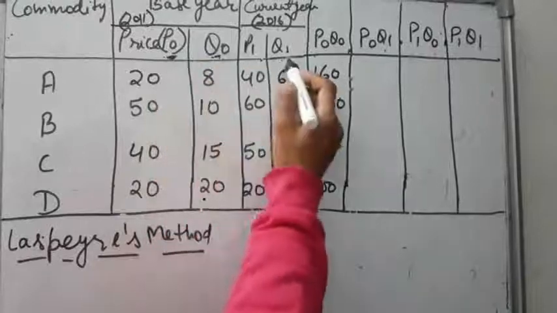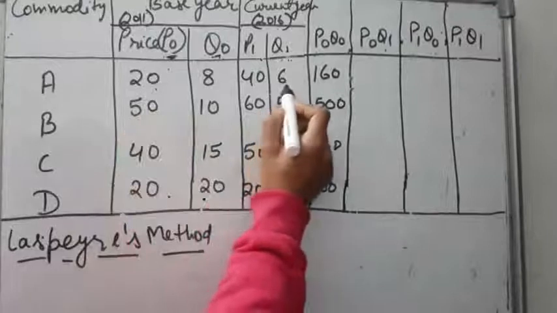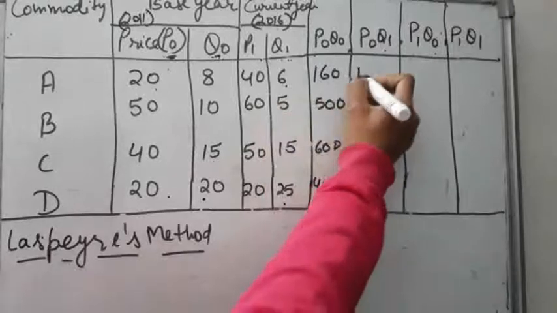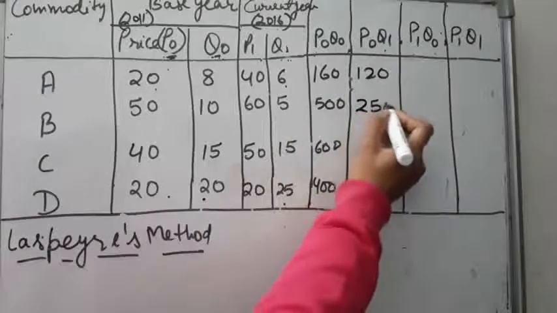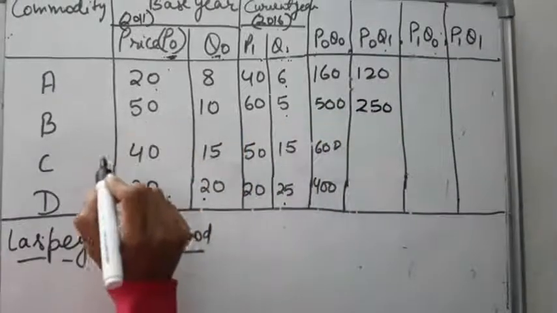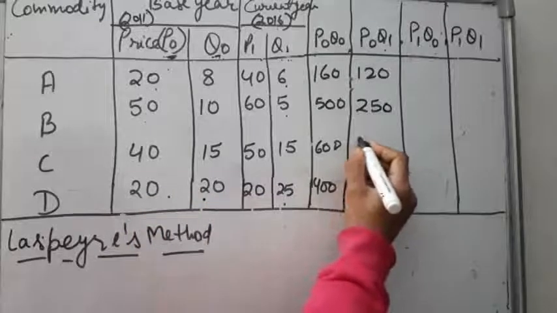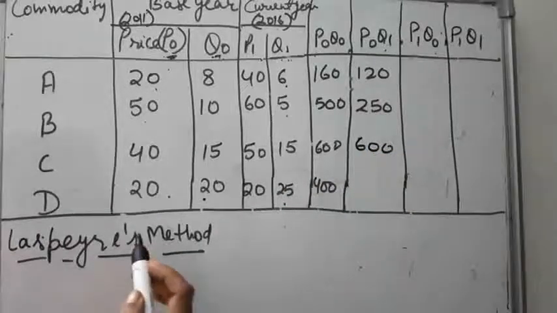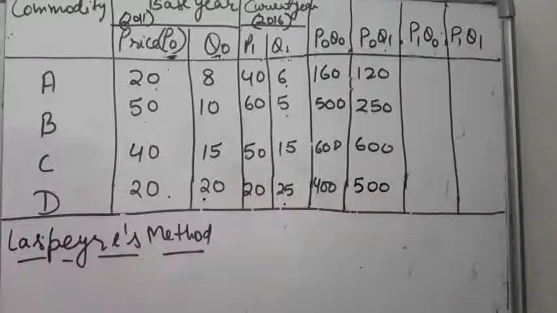P0 is here. 20 multiply by 6, so here we will get 120, 200, 50 multiply by 5, then 40 multiply by 15 and it will be 600, and then we will get the value 500. Here P0 Q1 we have got.